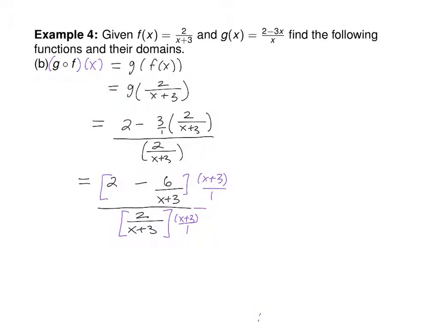Okay, now that x plus 3 is going to distribute. So when it distributes to the 2, does it cancel? No, so that's 2 times x plus 3. When it distributes to the 6 over x plus 3, does it cancel? Yes.